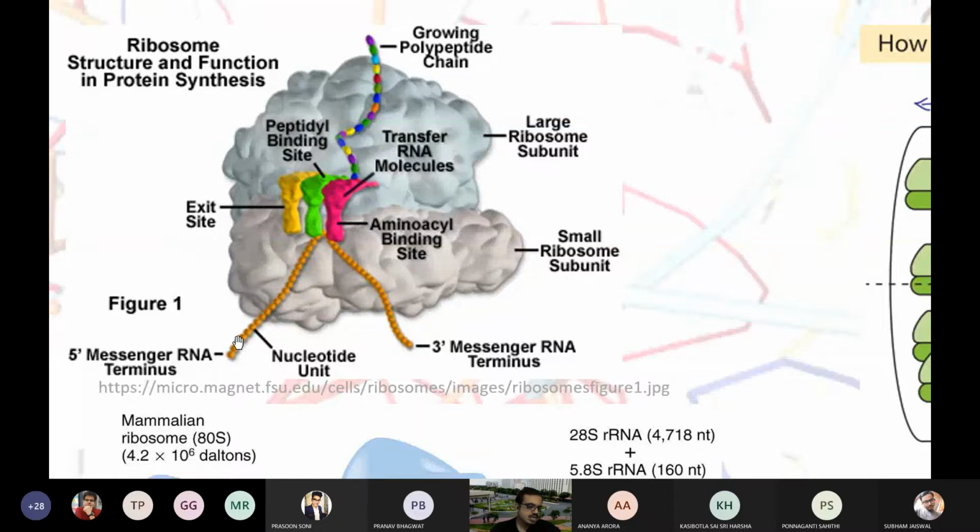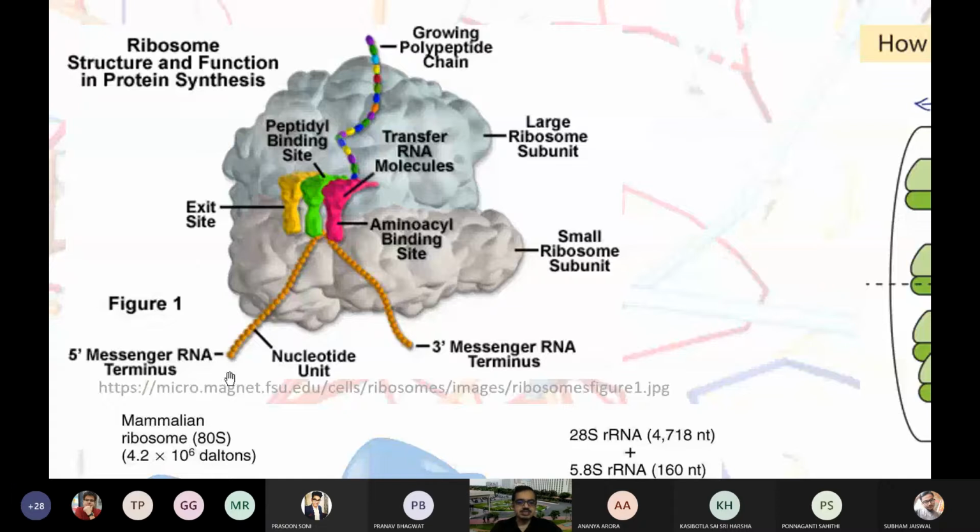So a messenger RNA of 300 nucleotides can technically code for, roughly I'm saying, it's not accurate, a protein of 100 amino acids, or a polypeptide of 100 amino acids.